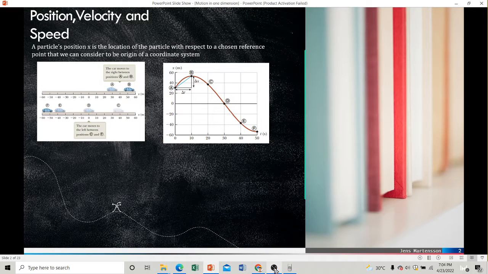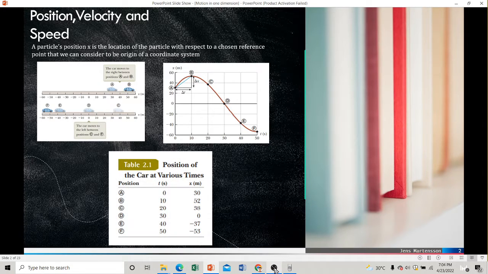When we begin collecting position data, considering this car, the car is 30 meters to the right of the reference position, where x is equal to 0.